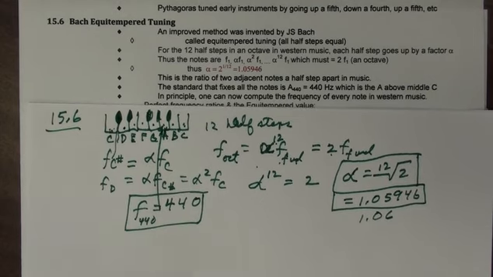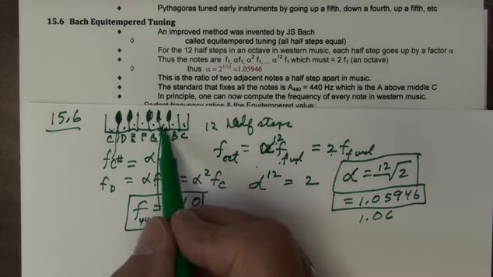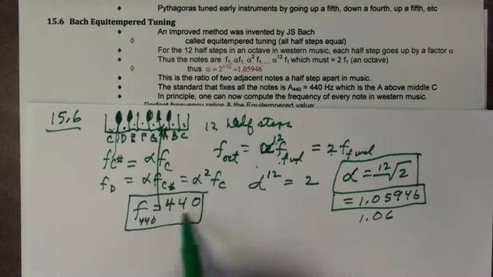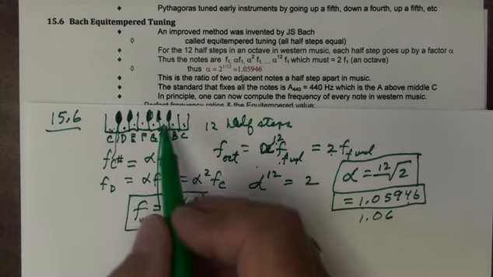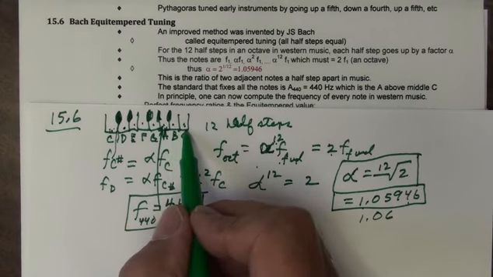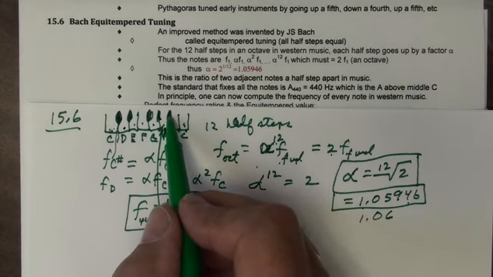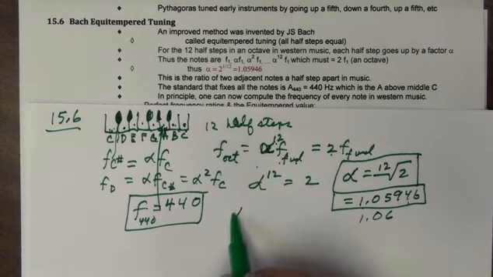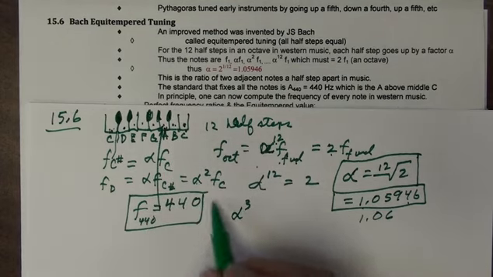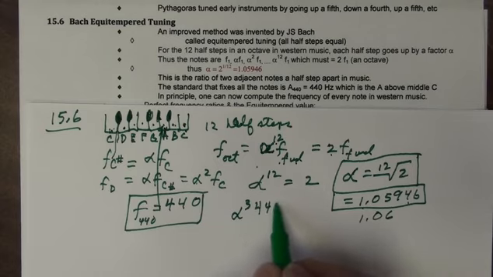What are those frequencies? Well, if I were to go down 1, it would be dividing by this factor. If I go up 1, I'm multiplying by the factor. So if I say, what is the frequency of this C? I would jump from A to A sharp to B to C. That's 1, 2, 3. So I'd have alpha to the third power times 440.